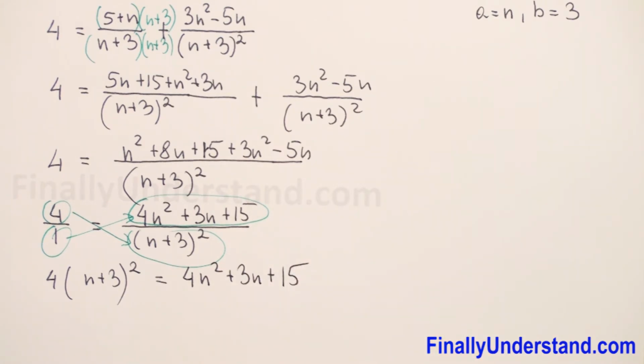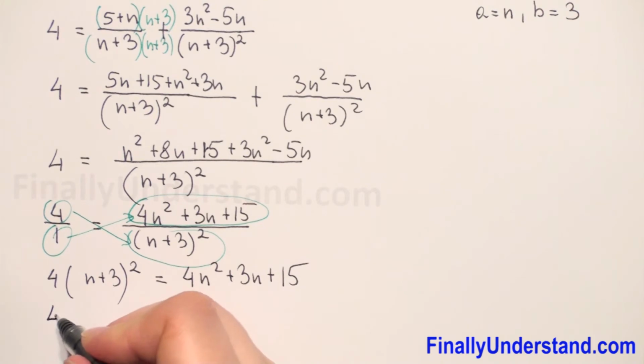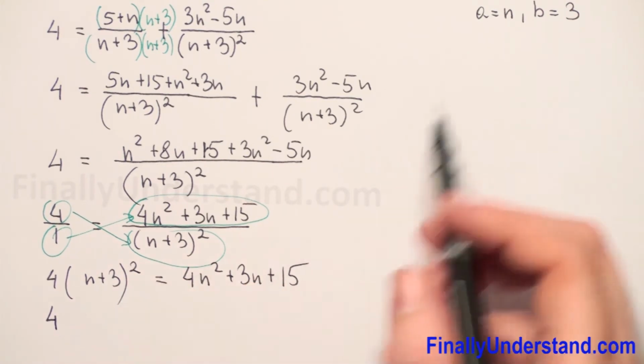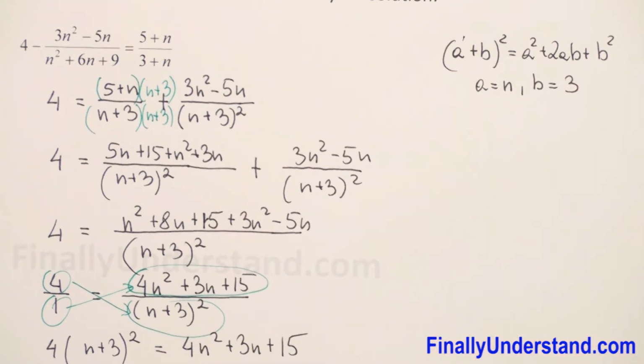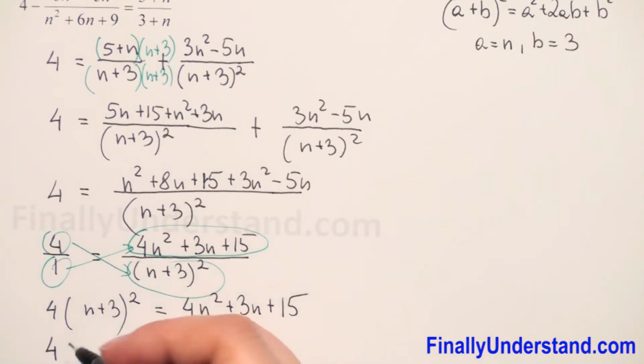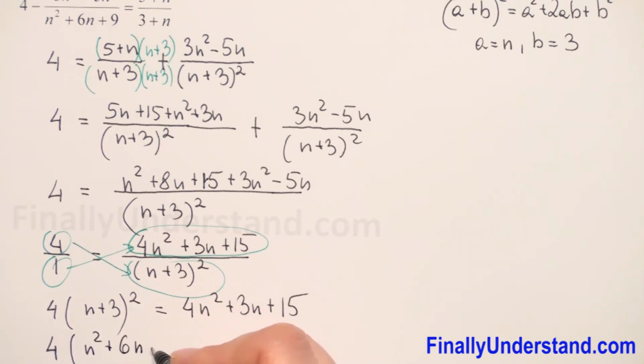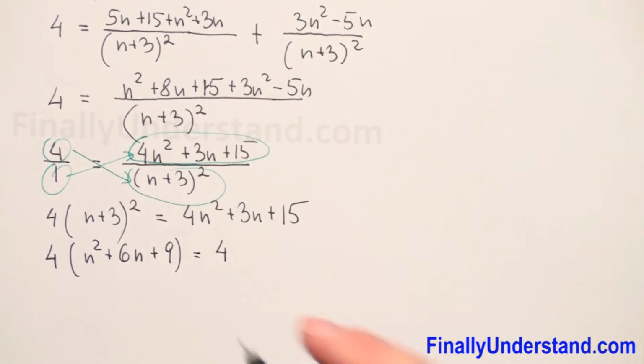So now on the left side we will copy 4, and for n plus 3 to the second power we will use again this formula. So this is equal, in parentheses we will have n squared plus 6n plus 9. This is equal. The right side we have to rewrite.